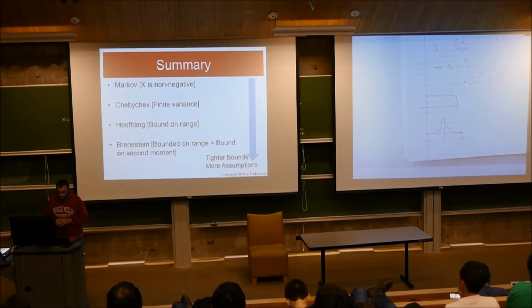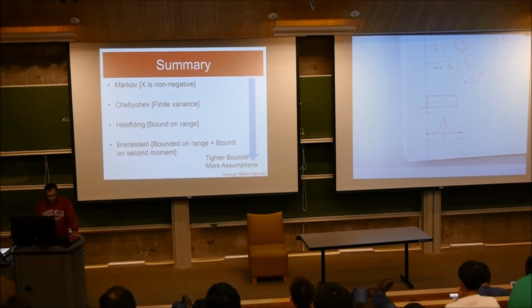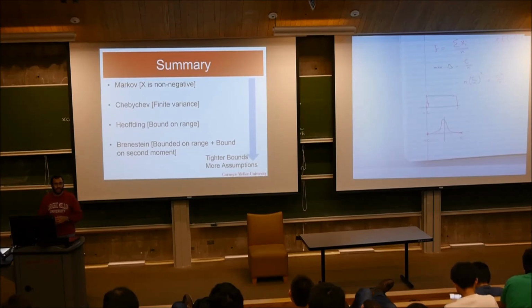So we found that I can bound this probability somehow, but I need some assumptions. And to get better bounds, I need more assumptions. So we started with Markov's inequality, which just assumes that the random variable is non-negative, and that's it. But it provides a very poor bound. This bound does not even change as you get more data.